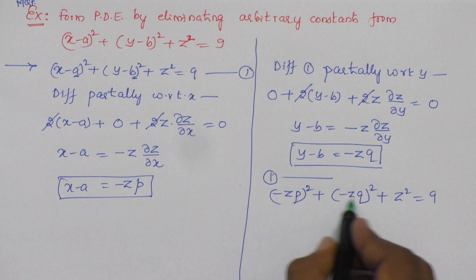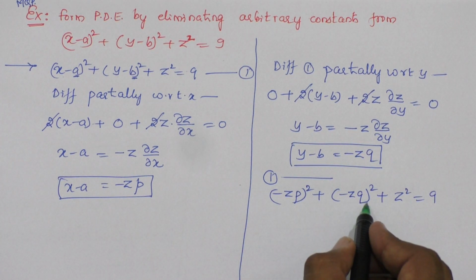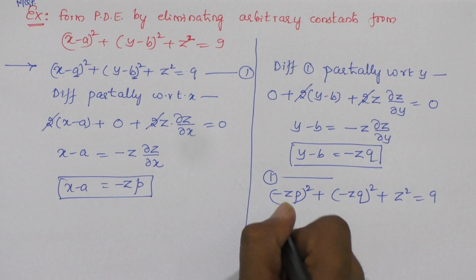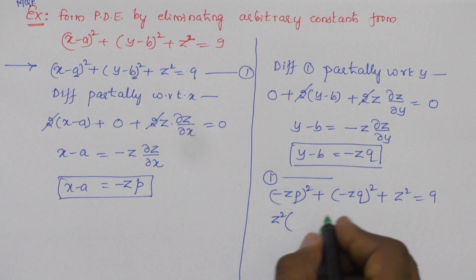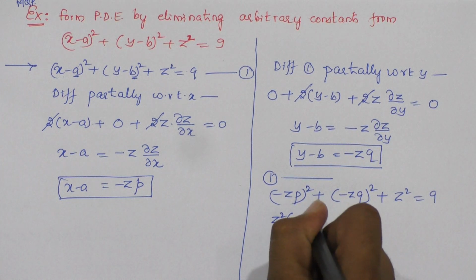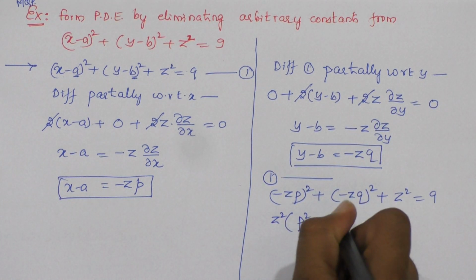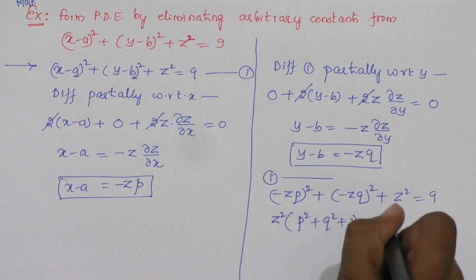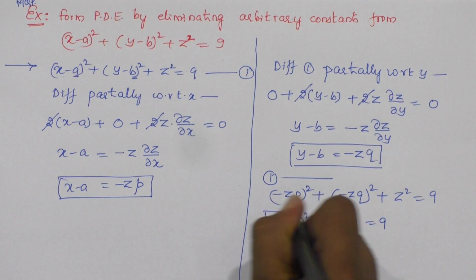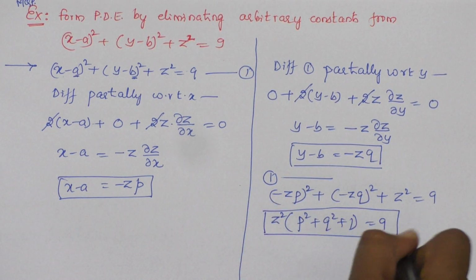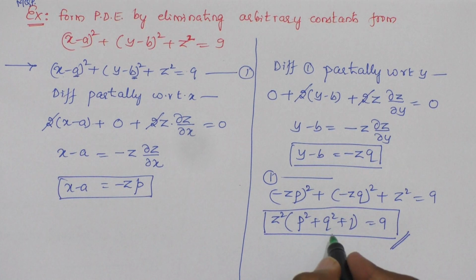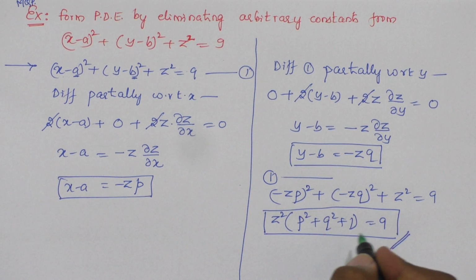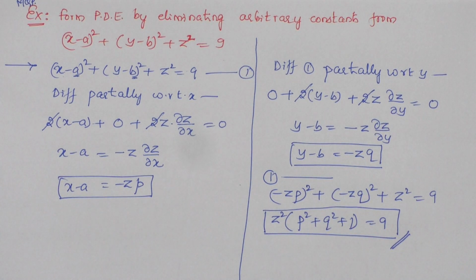If you look at all terms on the LHS, z square is common. Taking z square common, p square plus q square plus 1 equals 9. So this is the PDE we got, where we don't have the arbitrary constants a and b. This process is called formation of PDE by eliminating arbitrary constants.